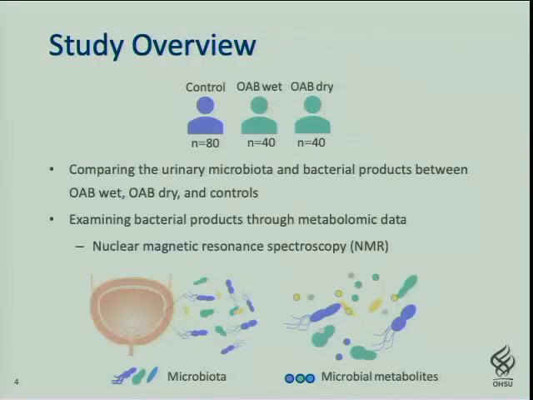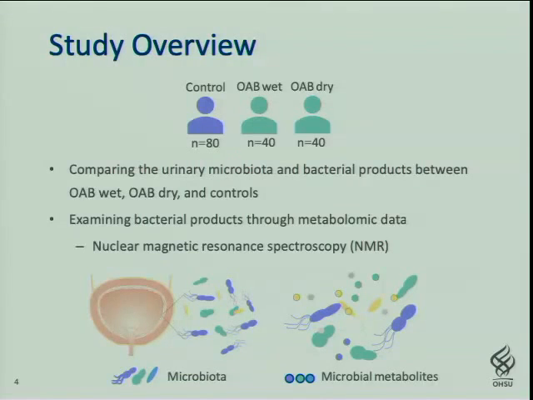OAB wet is those with the lower urinary tract symptoms with leakage involved. OAB dry is those symptoms without any leakage, and the control shows no signs of symptoms or infection. This study is really comparing the microbiota and the bacterial products, or the metabolome, of each group. This is done using urine samples from the patients to analyze these different compounds and bacteria.